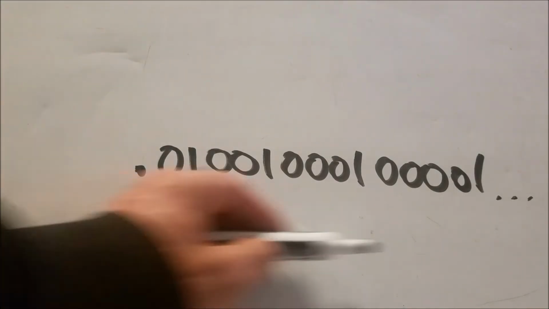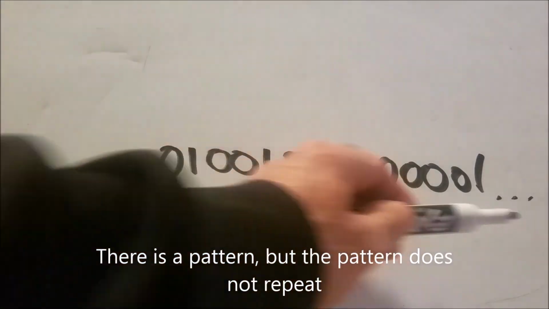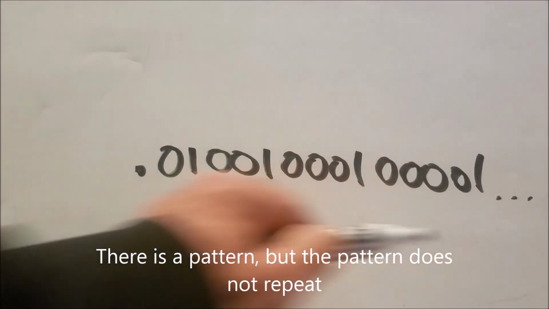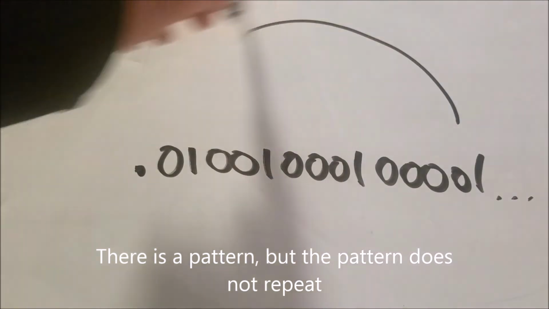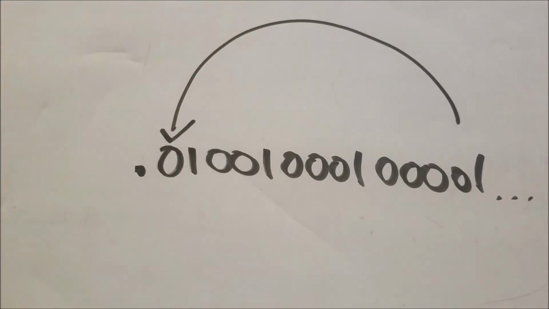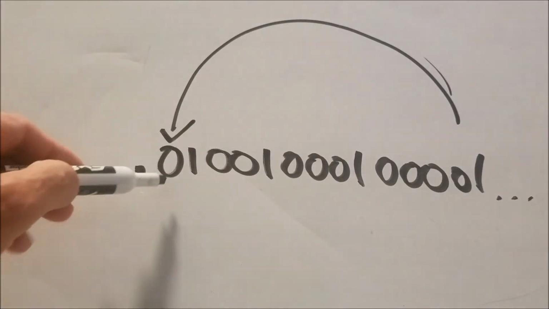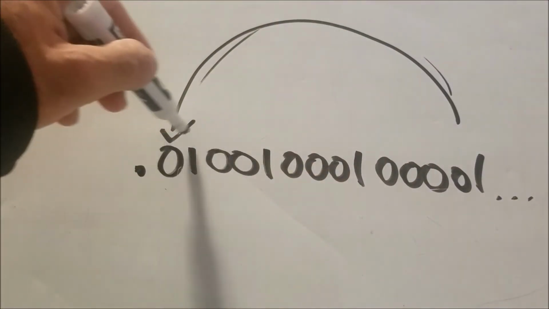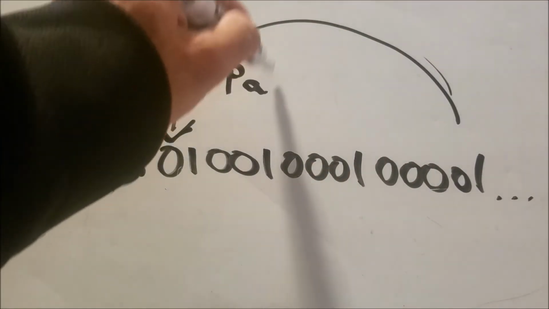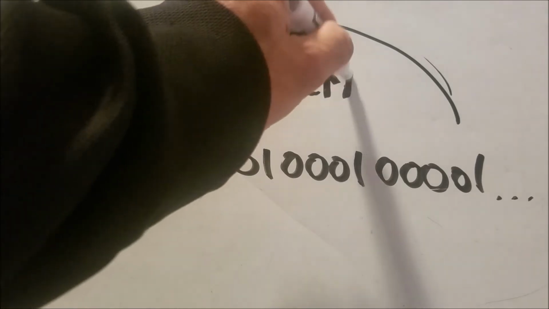It is repeating, but not with a pattern. There's no pattern here. It doesn't go back to that. So since it doesn't go back, even though the numbers keep repeating forever, and even though you think you see a pattern, the pattern doesn't repeat. That's the real key. The pattern has to repeat.